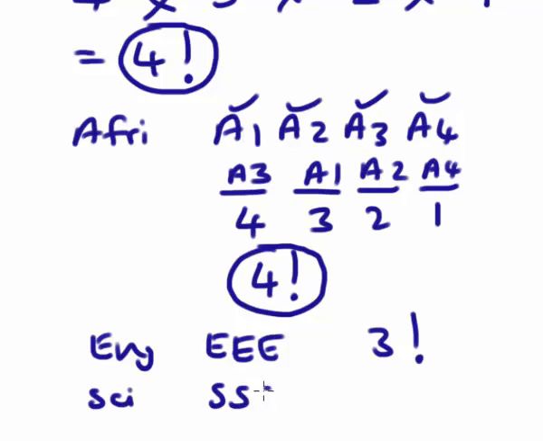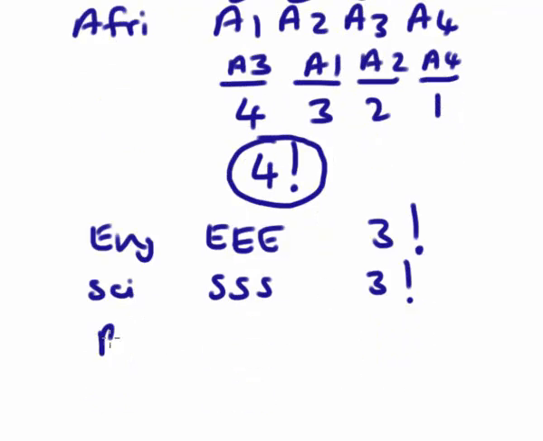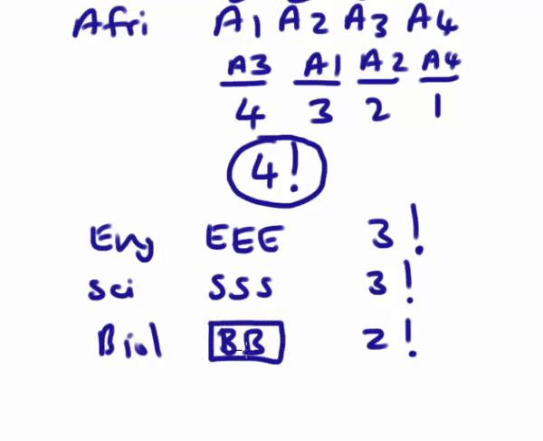Well, there's 3 science books, 3 factorial ways, like the Afrikaans. And the biology can be arranged in 2. There's 2 biology books, and in that object there's 2 possible ways we can arrange them. In the first space, one of those biology books can go there, and then the other one can go there. So there's 2 and 1.